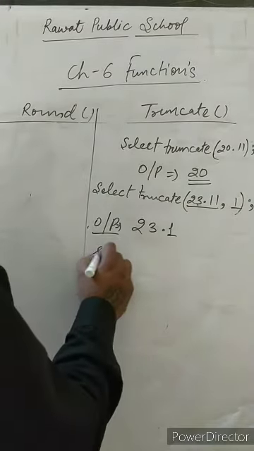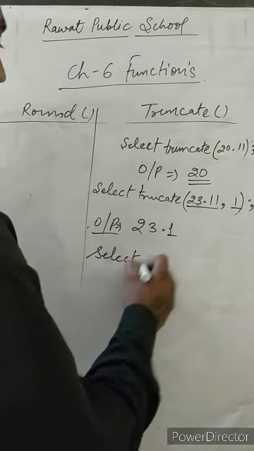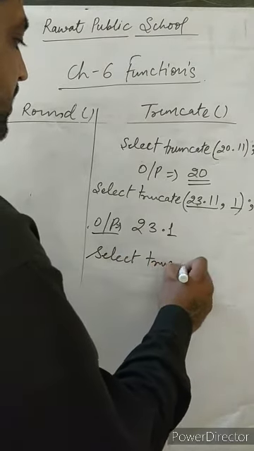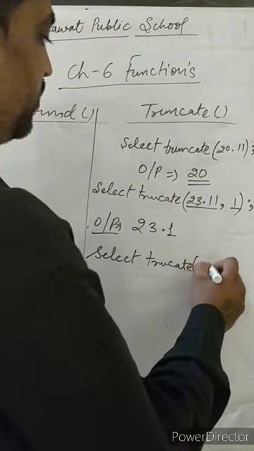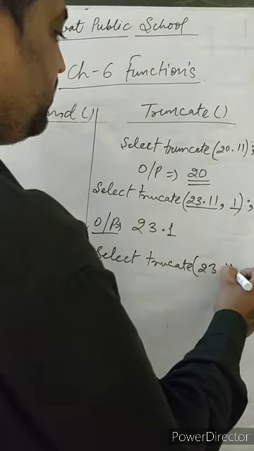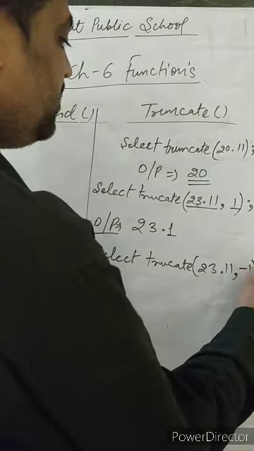Let me just write here select truncate 23.11, -1.